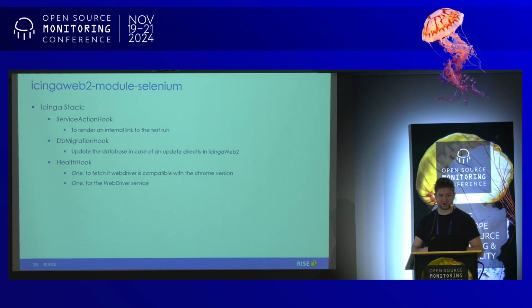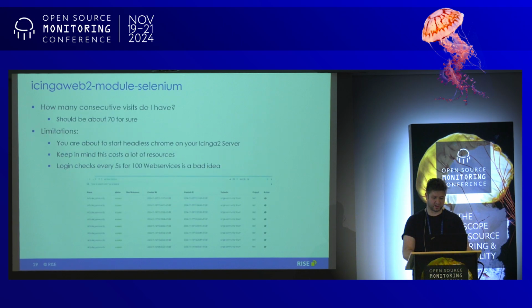So there is a hook that checks that these versions are correct. And there is one for the WebDriver instance in case it actually stops, so you can also restart it via the web interface. And I should be good for around 70 consecutive logins.